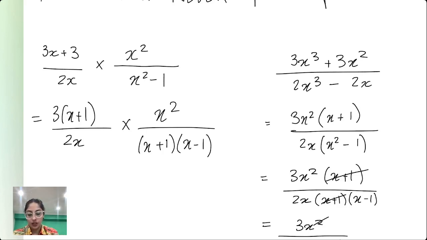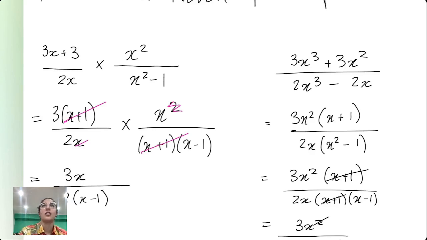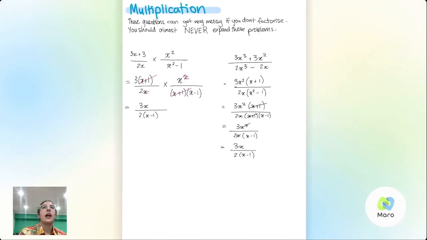It's really important. And then finally, I see here, I can cross this x with this x, and then I can cross this x plus 1 with this x plus 1, and so my final answer is just 3x all over 2x minus 1. You can see, first of all, a lot less working out, a lot quicker.